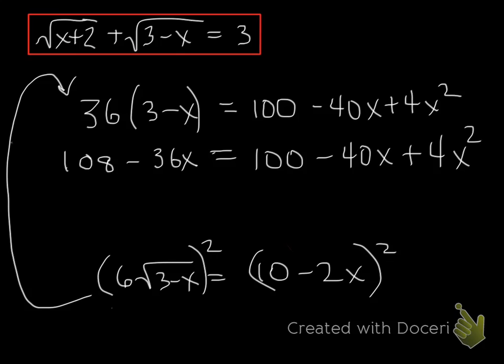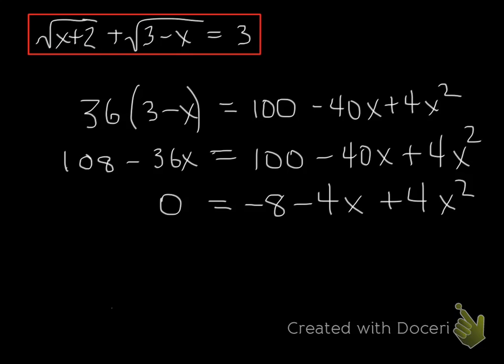Isolate everything on the right hand side, keeping this guy positive. So 100 minus 108 is minus 8. Minus 40 plus 36 is minus 4x. And you have a positive 4x squared. Just clean this up. Factor out a 4 on the right, and you have minus 2 minus x plus x squared.